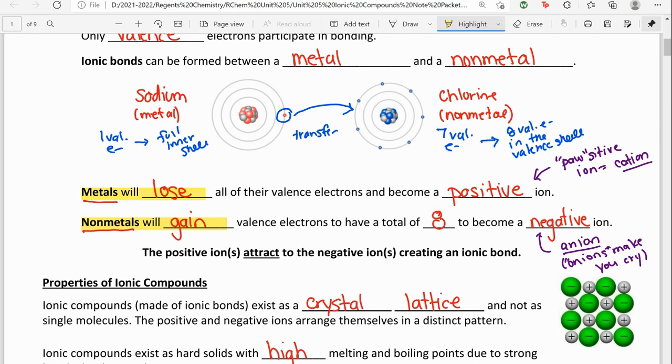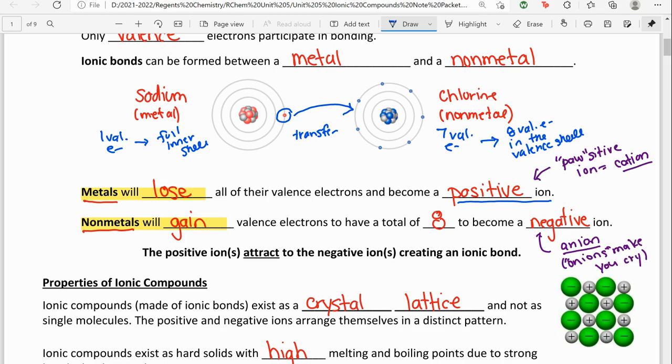One other thing is just some terminology that we have. So when metals lose their valence electrons, they now have fewer electrons than protons, so they will become a positive ion. One term that you'll see to refer to a positive ion is cation. So you can be positive about your cats, or positive ions, or cat-ions, is one way to remember that one.